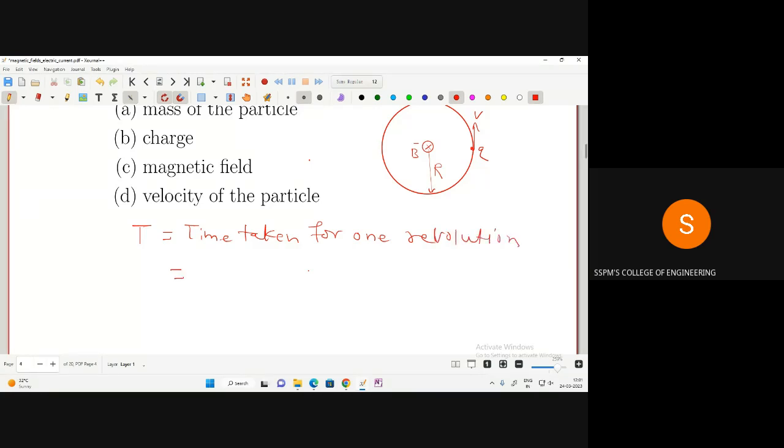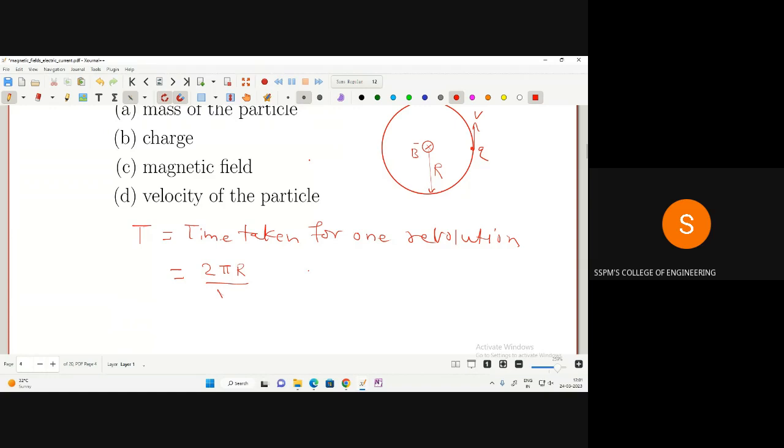Time taken for one revolution is the circumference of the circle, 2 pi r, divided by the velocity of the charge. Is it clear? And also we got the relation for velocity in terms of magnetic induction, charge, radius and mass.